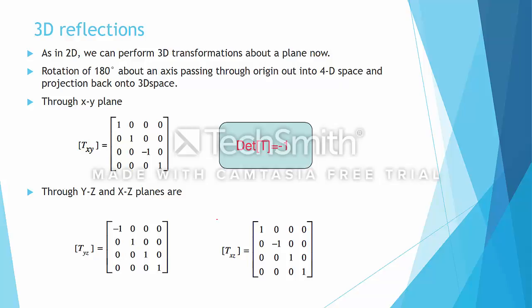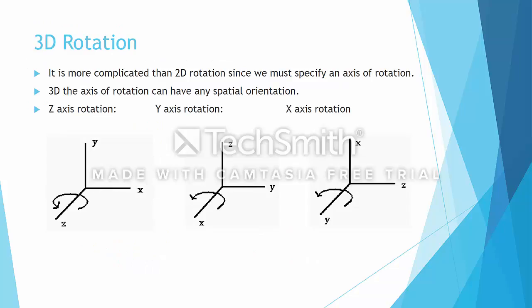Rotation of 180 degrees about an axis passing through the origin out into 4D space and projection back onto 3D space. Through the x and y planes, we see the matrix of the rotation given below, and the YZ and XZ planes have the matrices shown here. And remember that the determinant of T is -1.